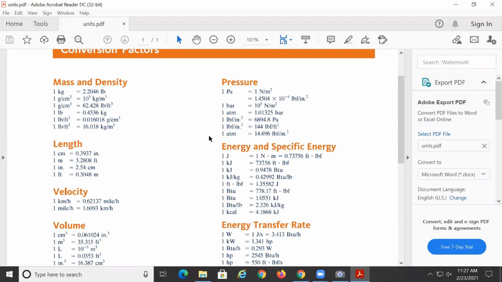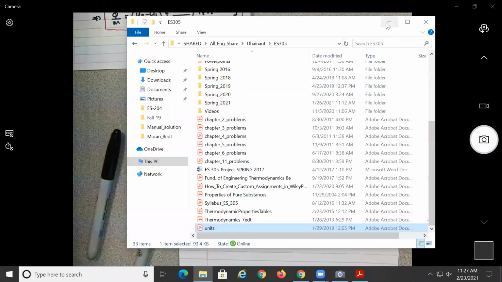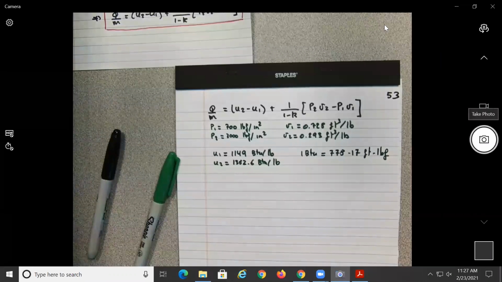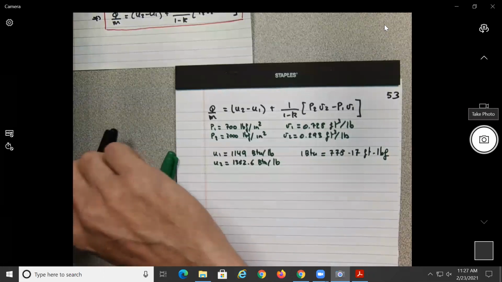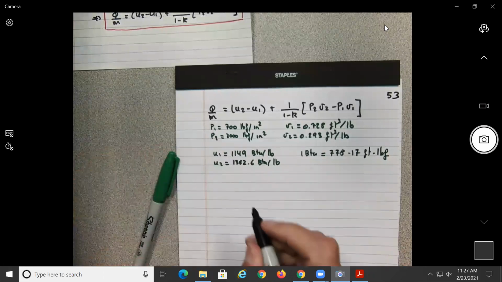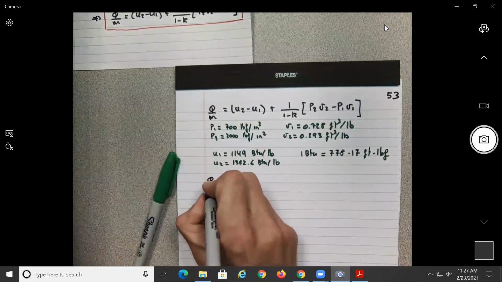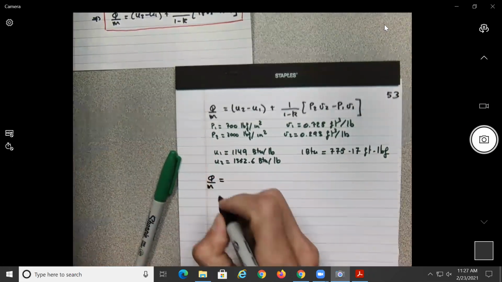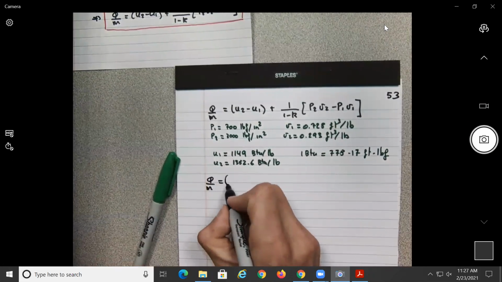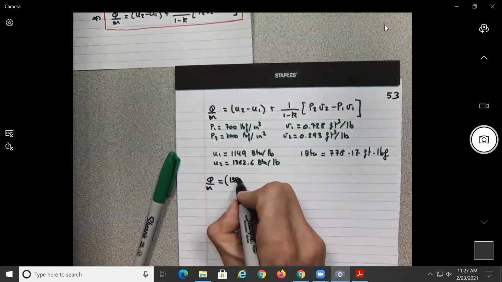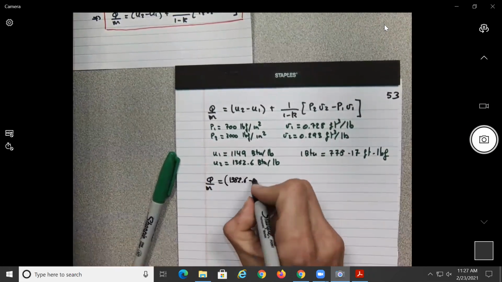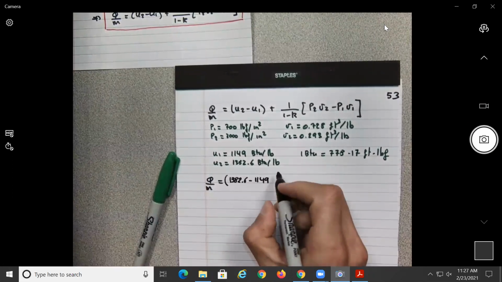So I think that's all we need. This page, I told you to have it with you all the time. So here we go. To save some time, we're going to do that in 2 steps, and you can do the calculations for me. So here, Q over M will be equal to 1382.6 minus 1149.